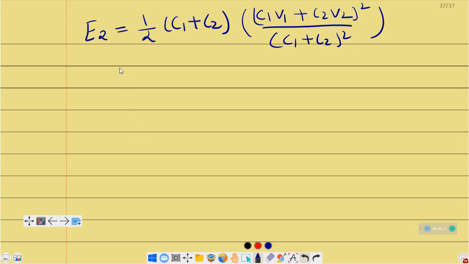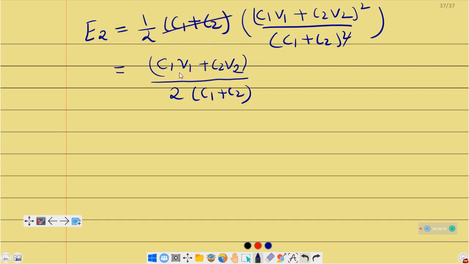This becomes C1 V1 plus C2 V2 whole square upon 2 times C1 plus C2, since this square cancels out with this.